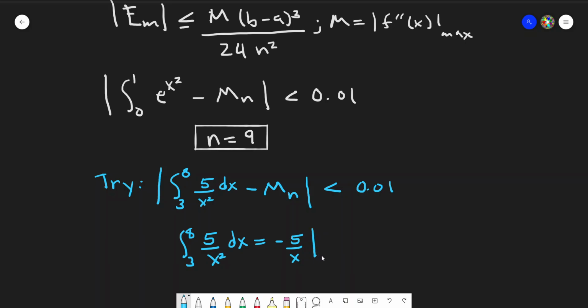So here we have 3 and 8, and then you get negative 5/8 plus 5/3. Using a common denominator, this would be 40 minus 15, which is 25 over 24. So this is the real answer. But again, what we want to do is figure out what size n would have to be so that we're at least close by 2 decimal places or something like that.